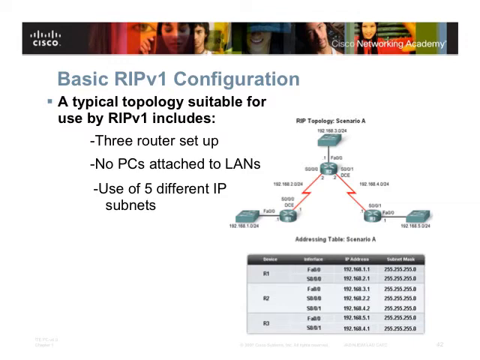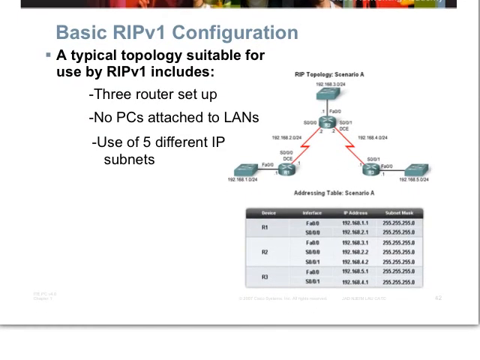So this is a typical example of a network that uses RIP version 1. We have here 3 routers, connected using serial PPP or serial links.